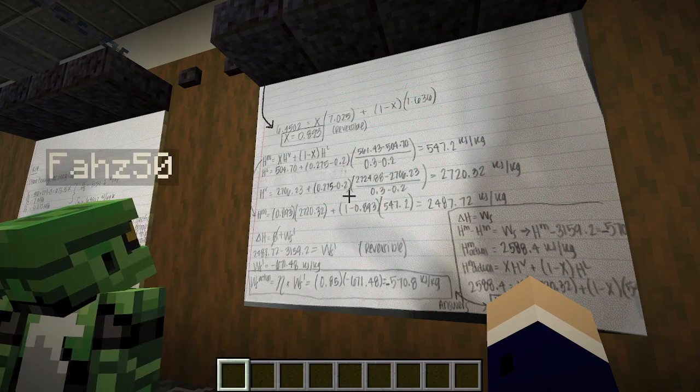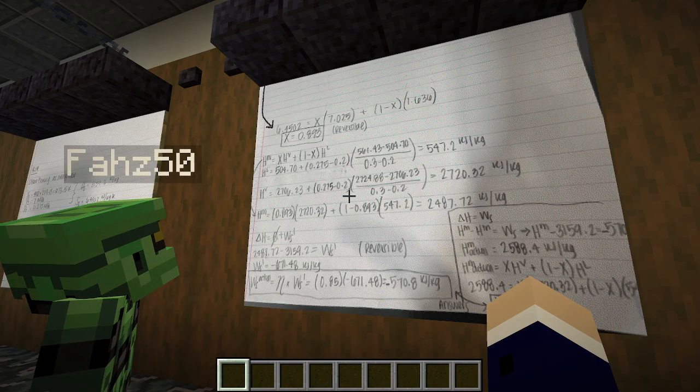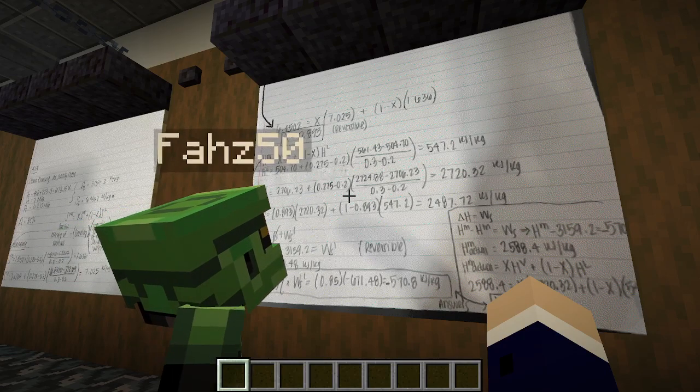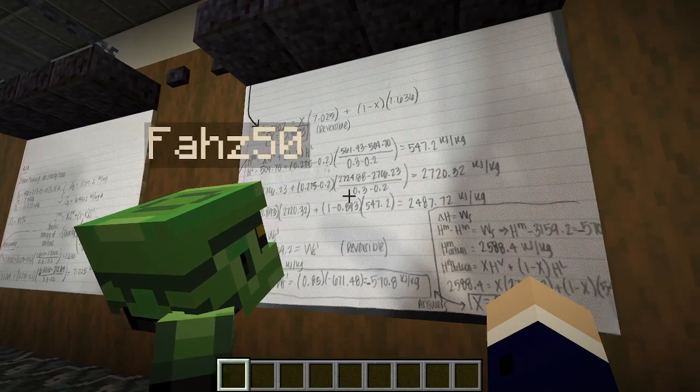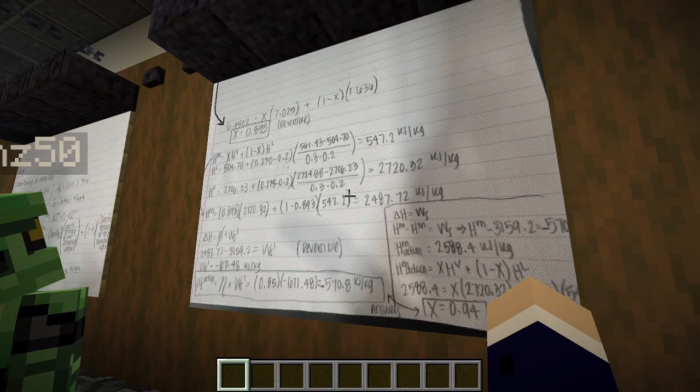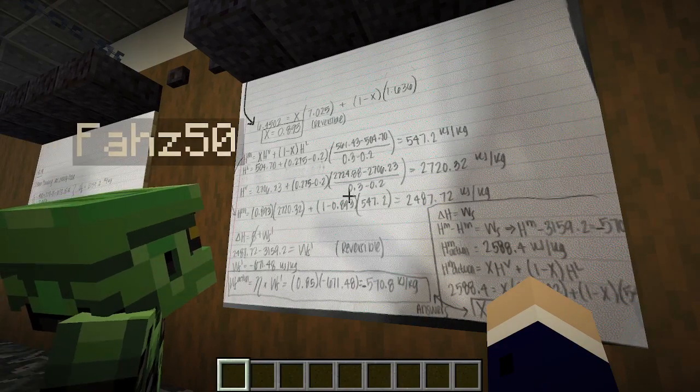You go to the back of the book, to the saturated pressure table, and we look for H_L, and to interpolate we have to use the pressures 0.2 and 0.3, and same goes for H_V.